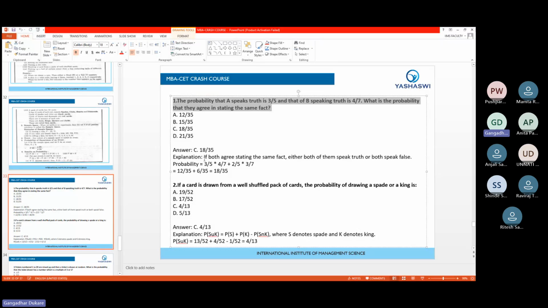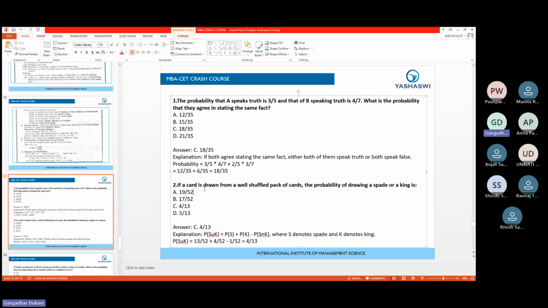In that case, if both agree in stating the same fact, either both of them speak the truth or both of them speak false. That is your probability, 3 by 5 into 4 by 7 plus 2 by 5 into 3 by 7. Likewise, the majority of these questions come on cards or coins.